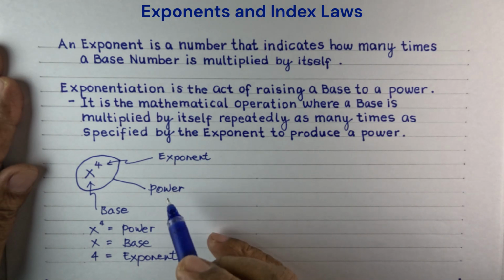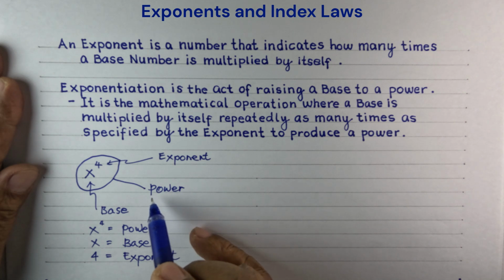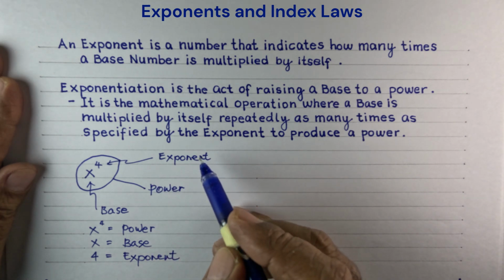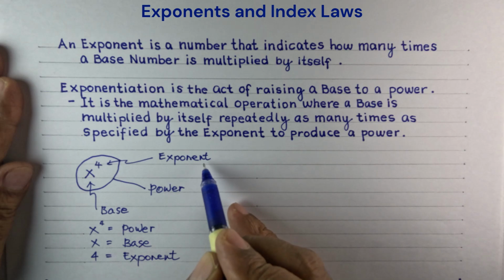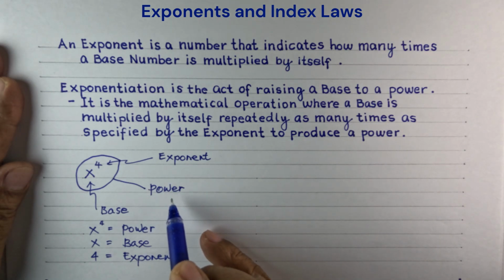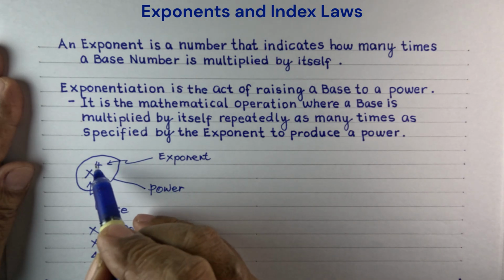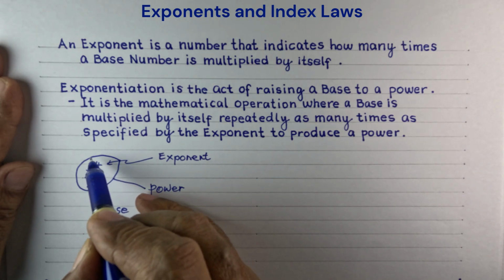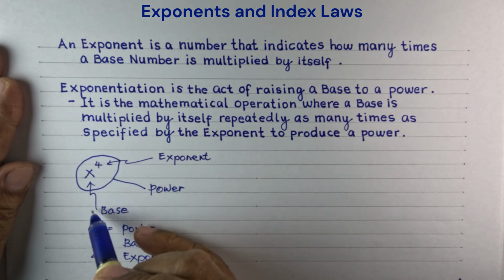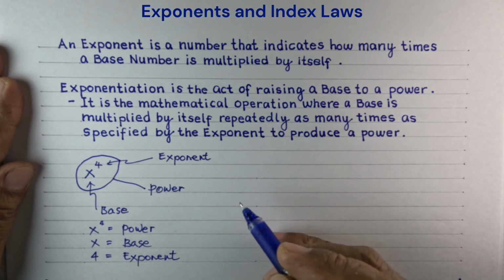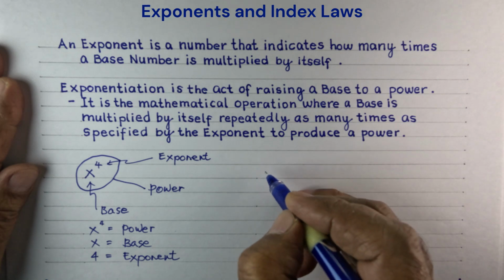Now, I just want to point out that a power is not an exponent. Likewise, an exponent is not a power, because an exponent is just one component of a power, the other being the base.